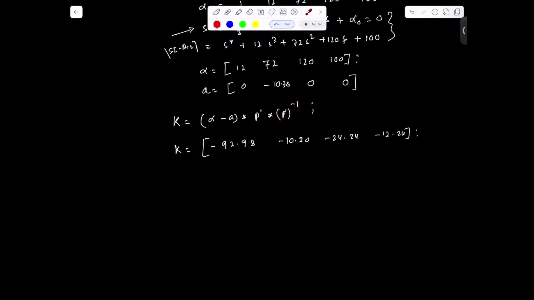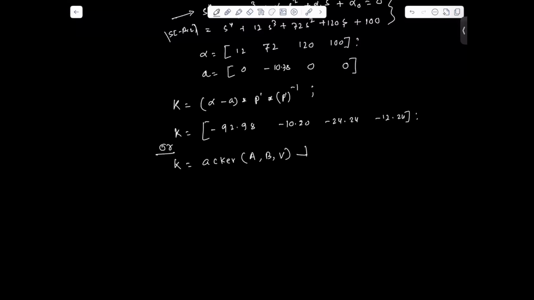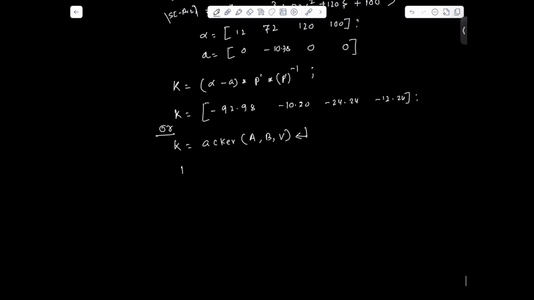Even if you find difficulty, there is a simpler way. We can write K equal to acker(A, B, P). If you enter this command in MATLAB, you'll get the same K: minus 92.98, minus 10.20, minus 24.24, minus 12.24.